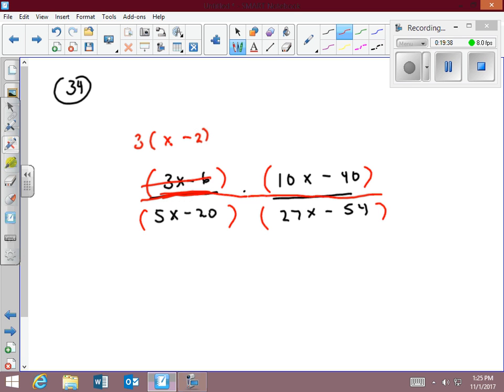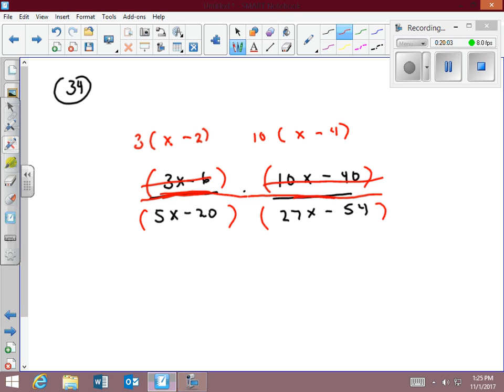That's factored. We're going for prime factors. Now look at this next one, 10x minus 40. What's a common factor there? Okay, 10. Take a 10 out and we get an x minus 4, right?